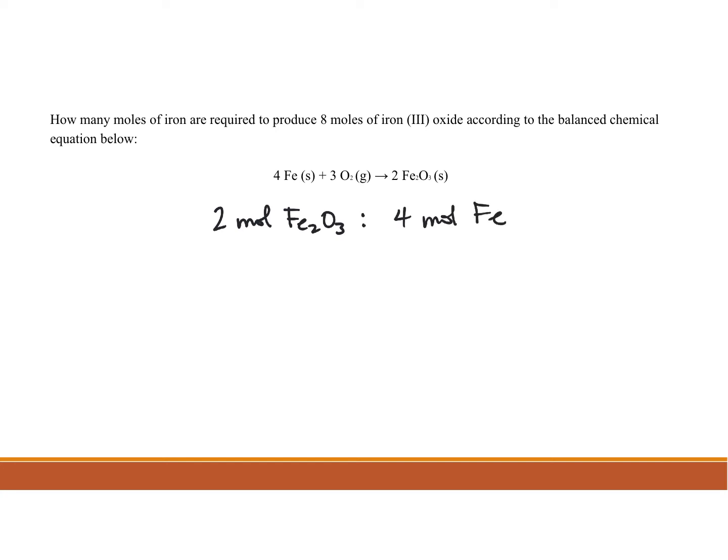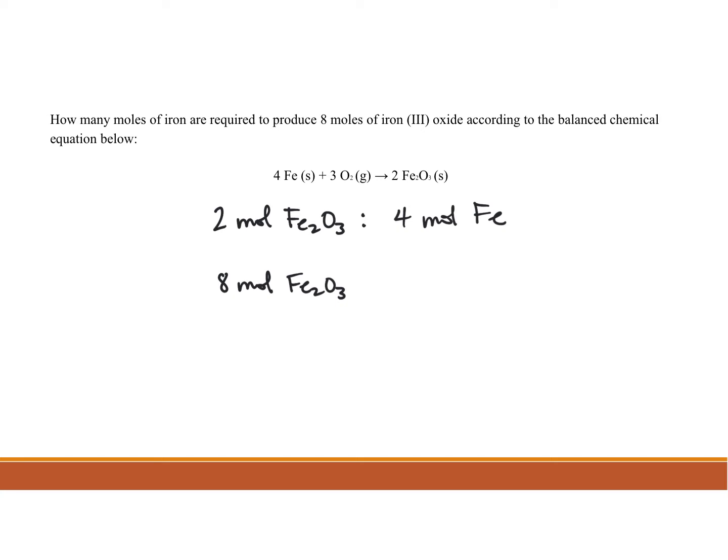So according to the given problem, if you have 8 moles of Fe2O3, how many moles of Fe will be given? If you look at the ratio, it's a 2 to 4 ratio, meaning if you reduce that, it would be a 1 to 2 ratio.